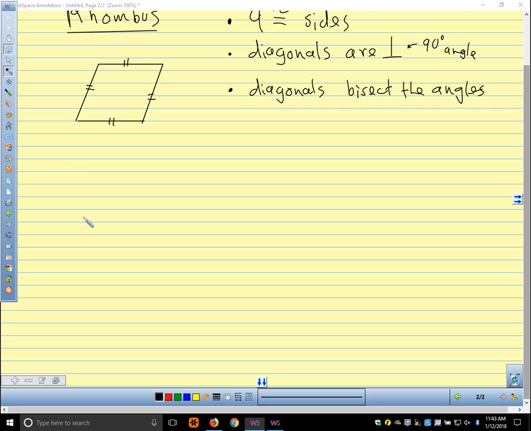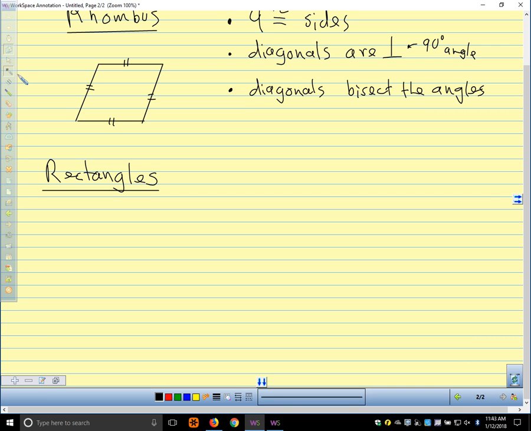Rectangle. Let's go over to the rectangle. Rectangles are quadrilaterals and parallelograms. So all the properties of parallelograms are true about rectangles. And they have 4 right angles.